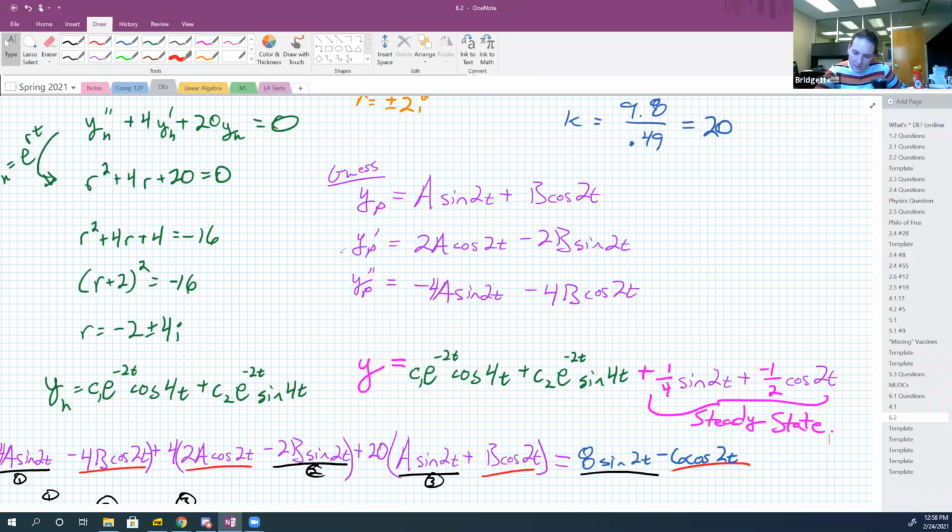That's not really needed to answer the question, I guess. So we used method of undetermined coefficients, right? The first thing that I did was look at the R's from the homogeneous solution and made sure they didn't match the ones that I was guessing. So broadly, if you're just looking for a steady state, you don't necessarily need that thing.